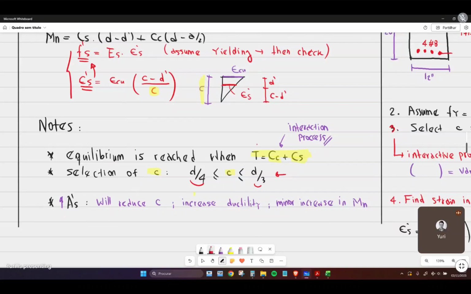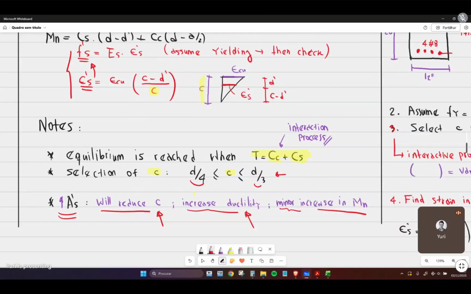You can have a very low depth of neutral axis. This can be complicated because whenever you add compressive steel, you reduce c. You reduce the position of the neutral line. But in addition, you can increase ductility a lot, and you will have a slight increase in moment capacity.